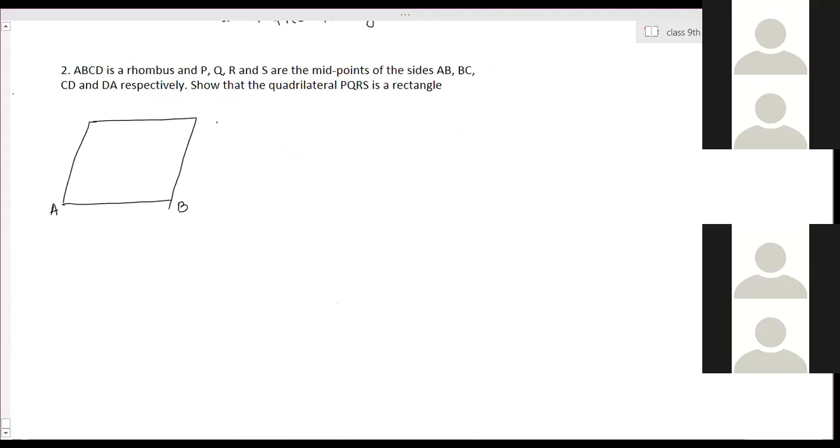ABCD is a rhombus. That means all sides are equal. P, Q, R, S are midpoints. Join PQRS.